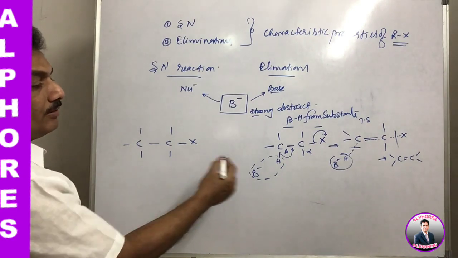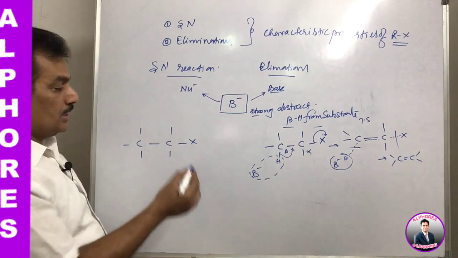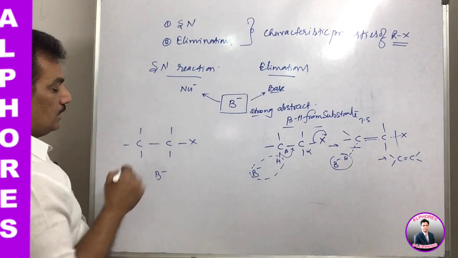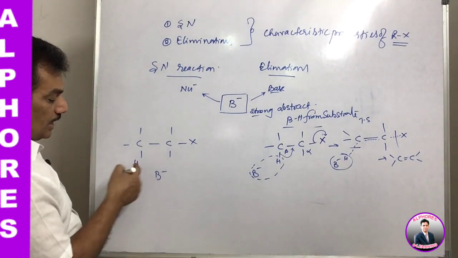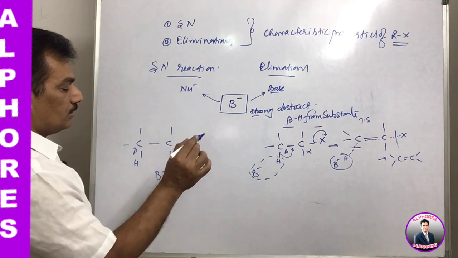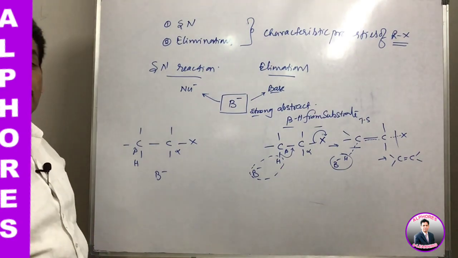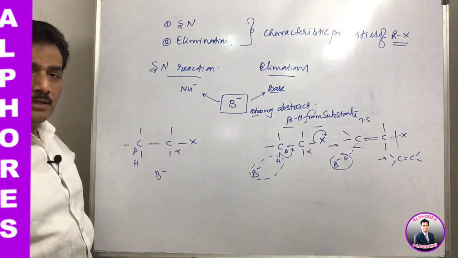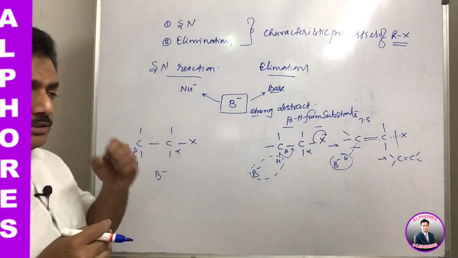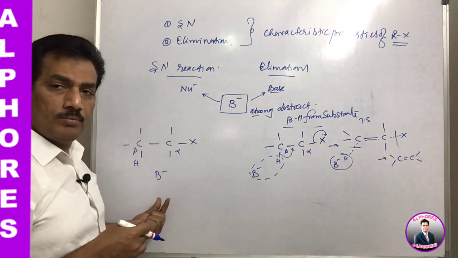And now easily, when we give the comparison, you can observe that in this case B minus, instead of abstracting this H plus, the beta hydrogen on the beta carbon, next to the alpha carbon, why is it not abstracting H plus? Because it is not sufficiently strong. Not sufficiently strong means it does not have sufficient stamina, strength or energy to pull this electron.